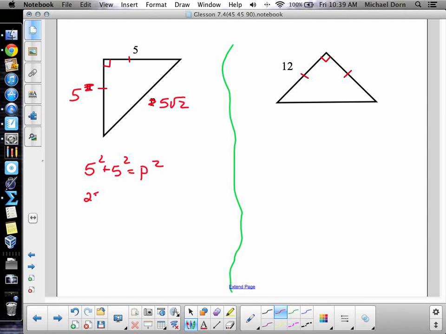So 25 plus 25 is p squared. So p squared equals 50. So p is the square root of 50, which is the square root of 25 times the square root of 2. Yeah, it works, doesn't it? And it will work every time on a 45, 45, 90. If you weren't seeing it before. Yeah. Question?